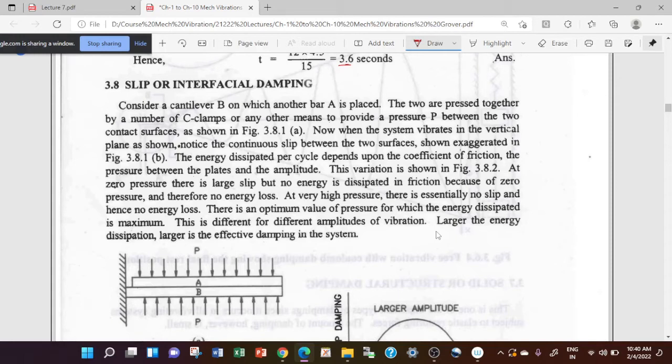So this damping is due to microscopic slip between the two parts, which are clamped, which have been given some pressure here.